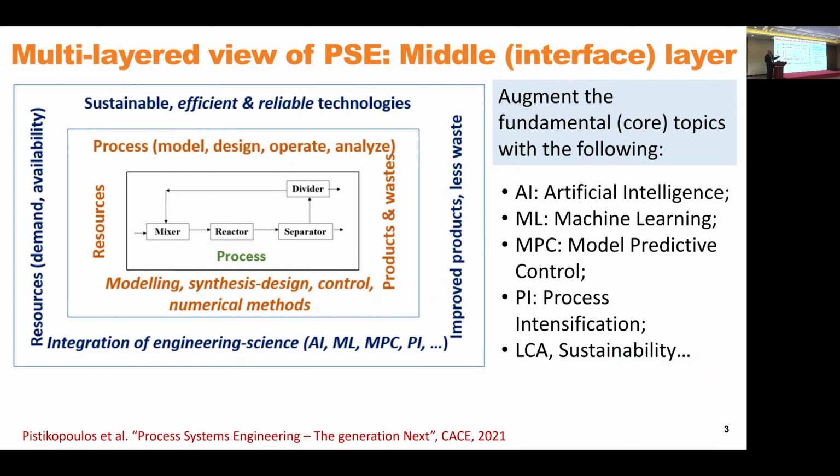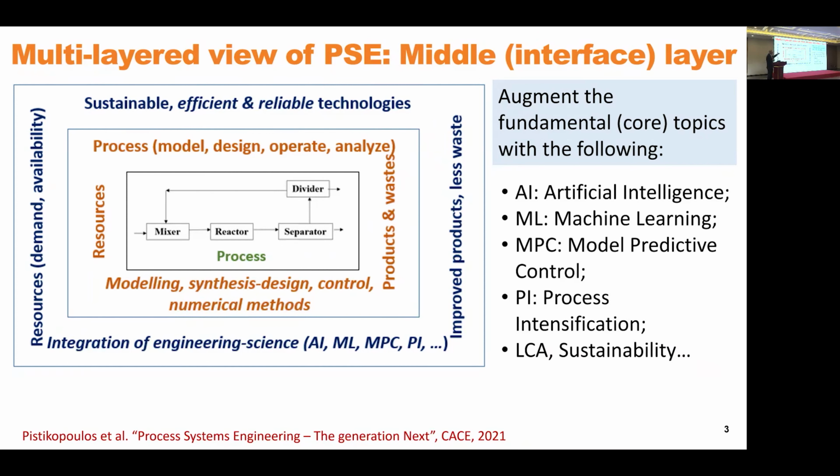Through that, we can get sustainable processes, as we have already heard. A lot of the presentations from academia are in the middle layer and the outer layer, which you will see. A lot of the presentations from the industry were in the fundamental layer.